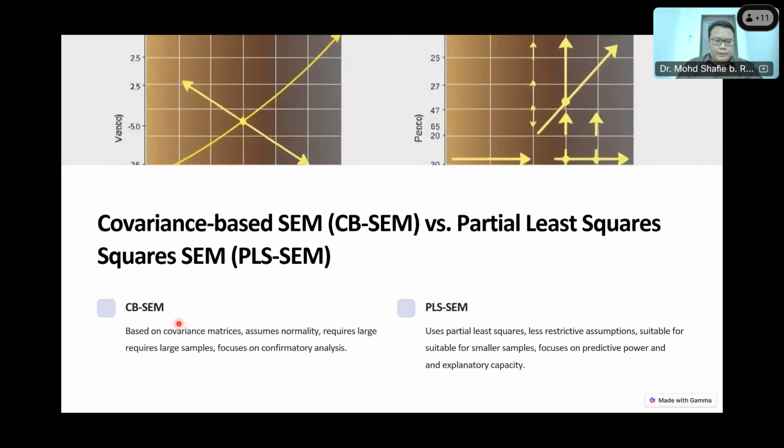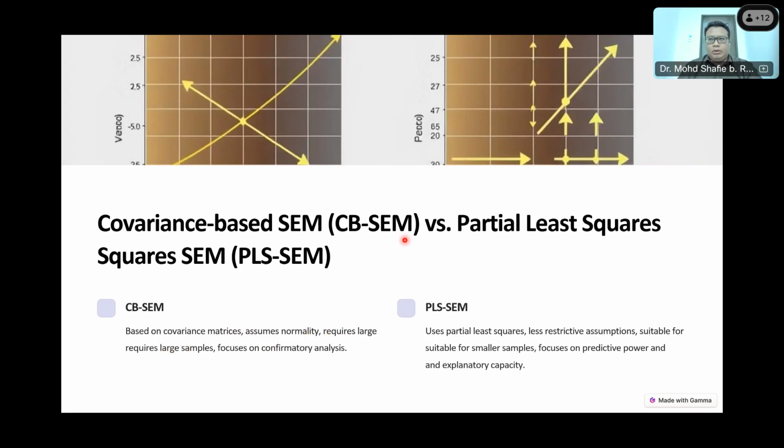Okay, what is covariance-based SEM? It is based on covariance matrices, assumes normality, requires large samples, and focuses on confirmatory analysis. If you're using covariance-based SEM, normally you need a large sample, and the data must be normally distributed.